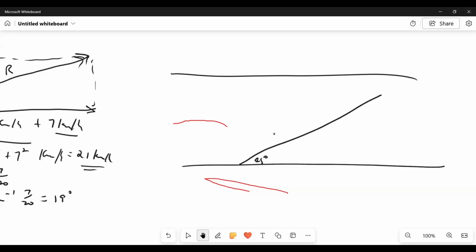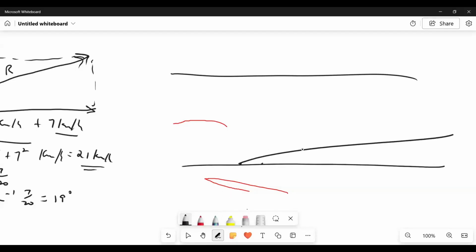Let's use the resultant, not the actual. He points the ship at 45 degrees, but the ship is now going to go at 19 degrees, at a speed of 21 km per hour, right?